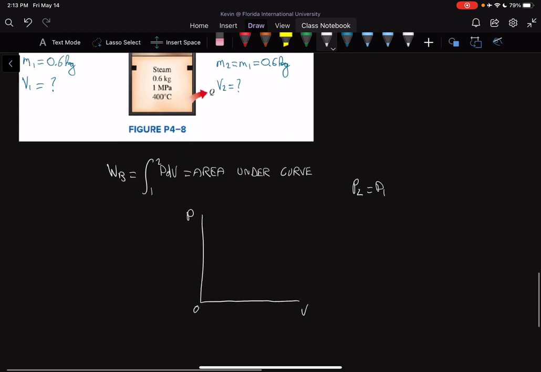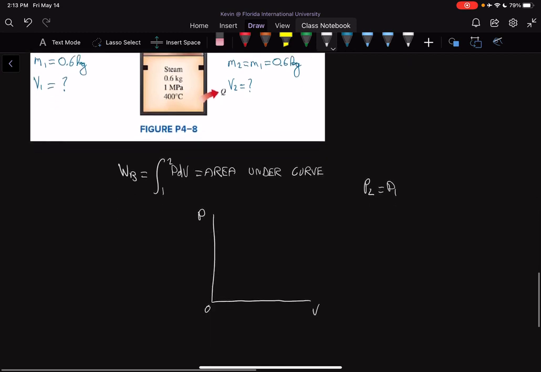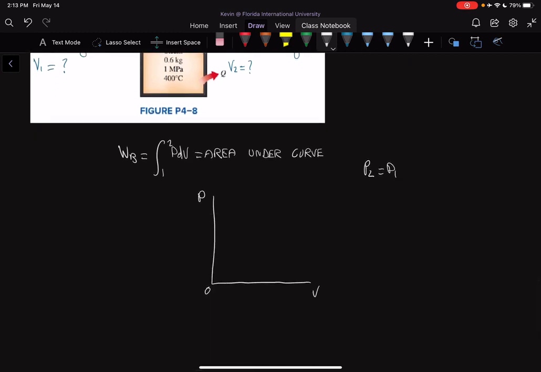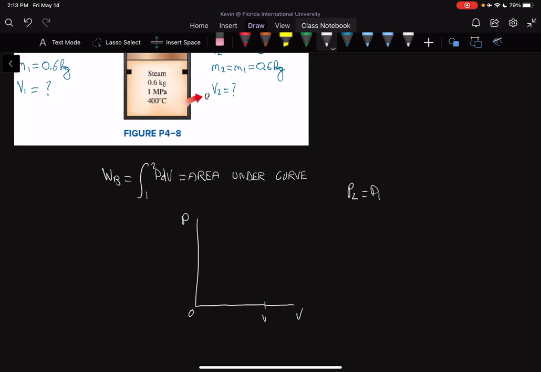Therefore, we're going to start somewhere at a high volume, where the steam is hot, and then the steam is going to be cooled. So we're going to start at a volume, for example here, of V1 and pressure of 1 megapascal. So that would be state 1. And then state 2 is going to be somewhere to the left where we still have a pressure of 1 megapascal, but now we have a different volume.